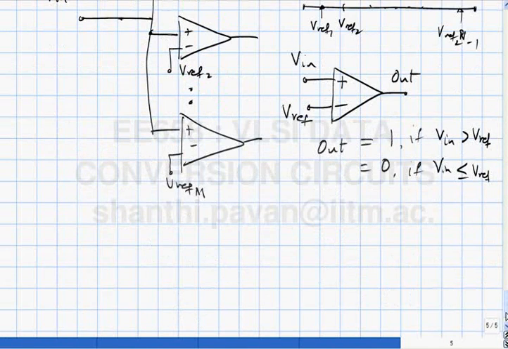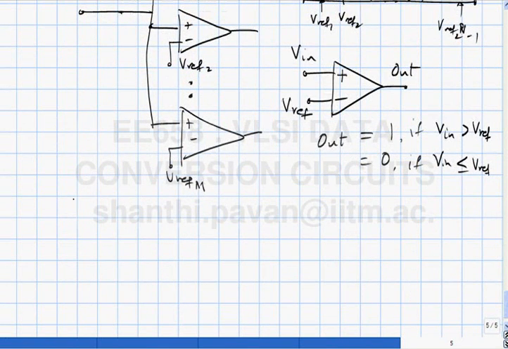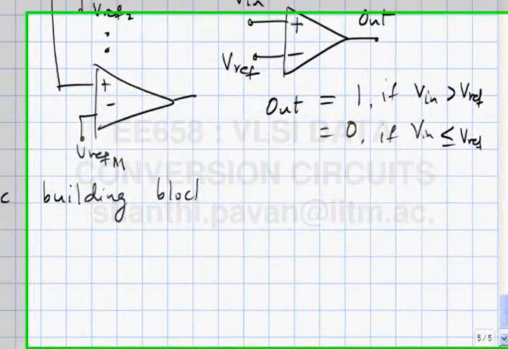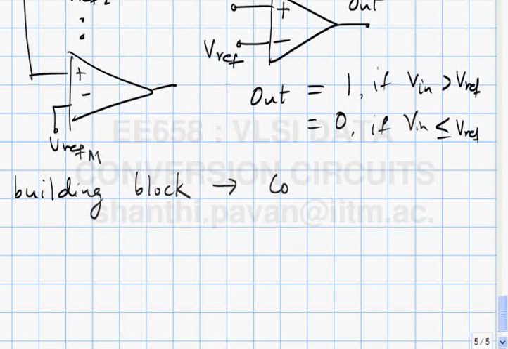Such a block, the basic building block, is what is called a comparator, and the defining equations for the comparator are this.